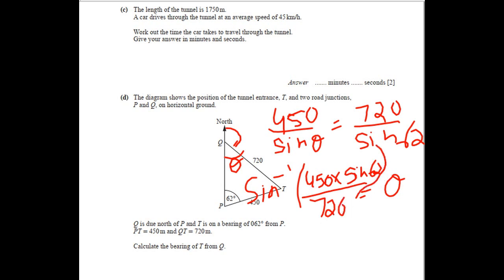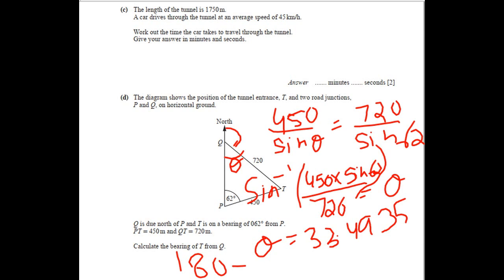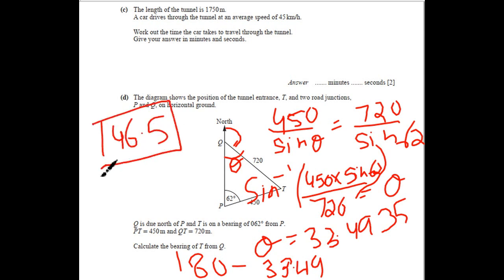This should give you 33.49. Theta will be 33.4935. Subtract it from 180, minus the calculator display, whatever that is, 33.49 etc., and you will get 146.5, correct to 1 decimal place since this is an angle.